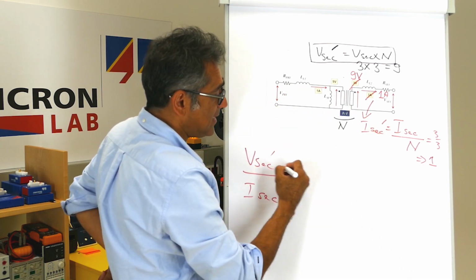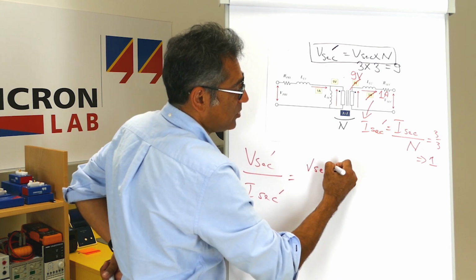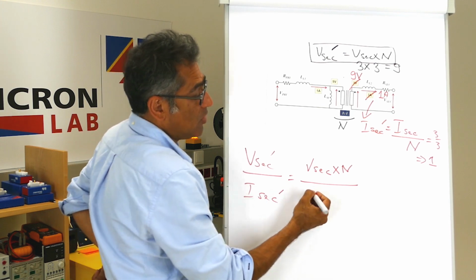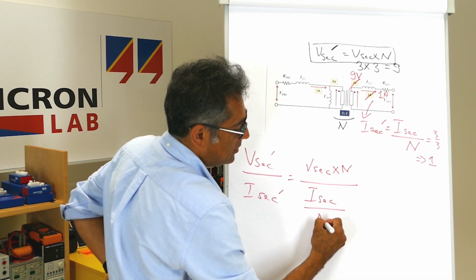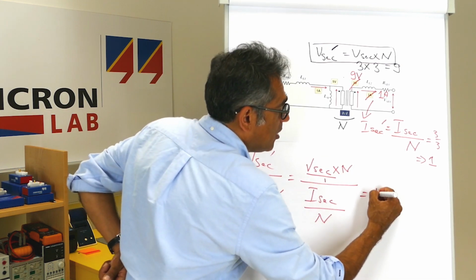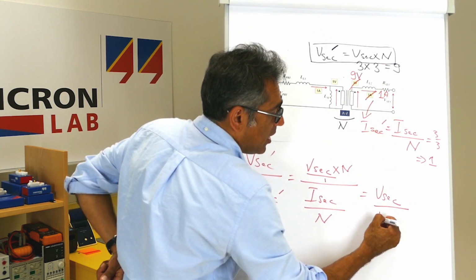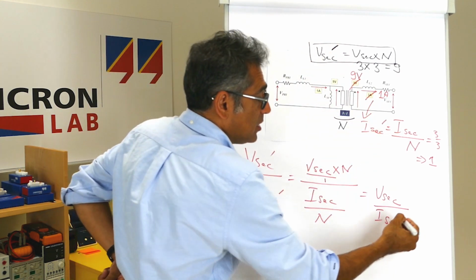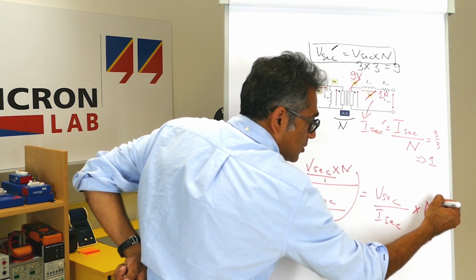But V sec prime was real secondary voltage times the turns ratio. I sec prime was the real secondary current divided by the turns ratio. And if you do this mathematical operation, you see that you end up with V sec, that is the real secondary voltage, divided by I sec, that is the real secondary current, times these two multiplied together, N squared.